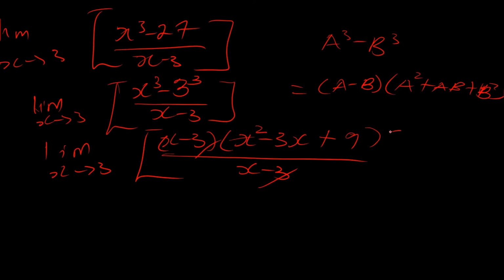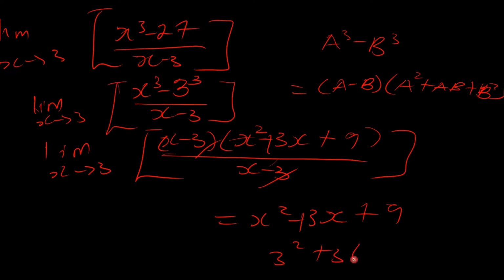This will take care of this. We will come back to get our x squared plus 3x plus 9. So when we are done with this, we can just evaluate our limit as 3 squared plus 3 times 3 plus 9.